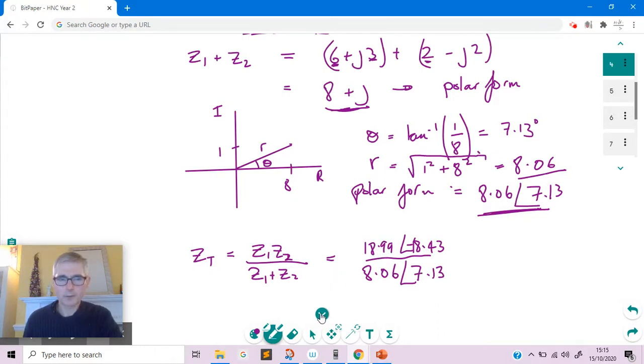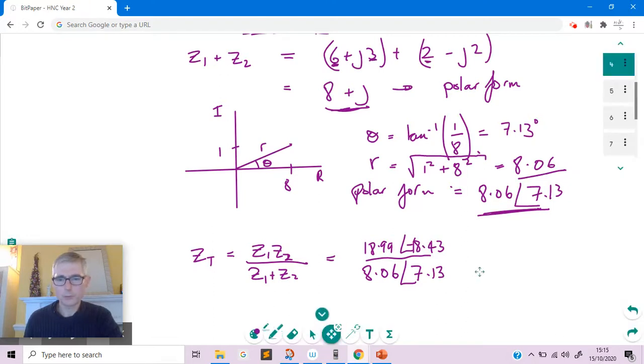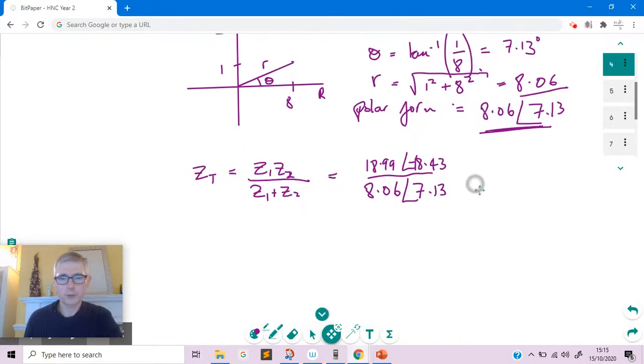And what we're going to do then is, because it's in polar form, it's quite easy to divide again. We could again do it if it was both in Cartesian, but it's much easier in polar form. So division in polar form is what we do.